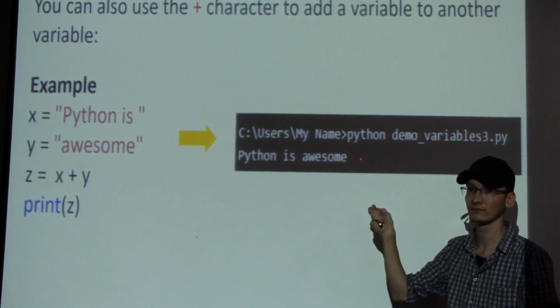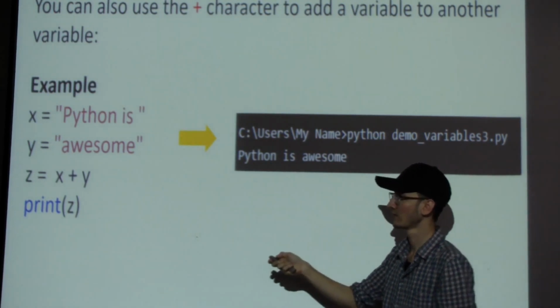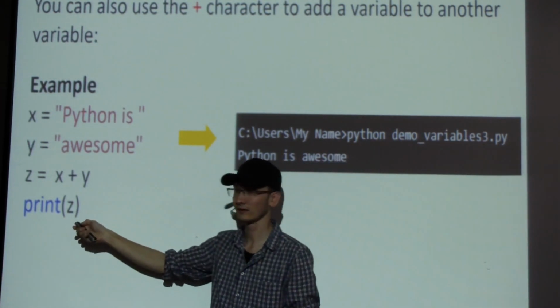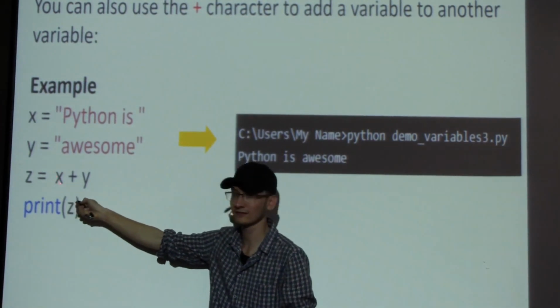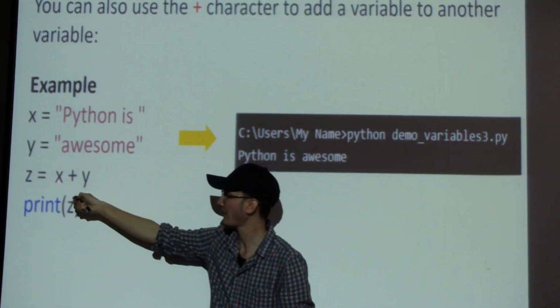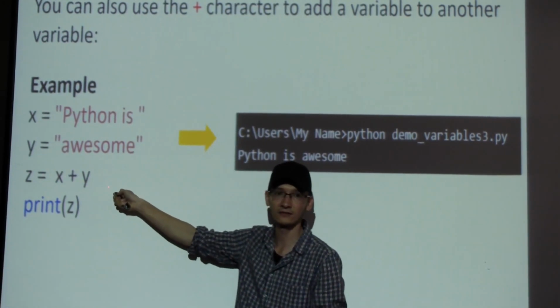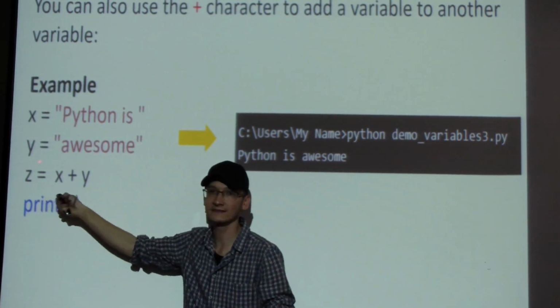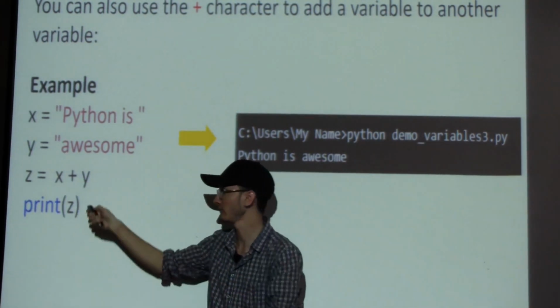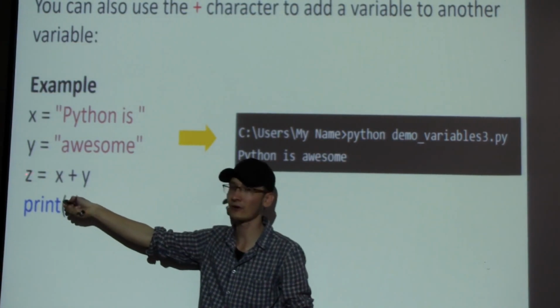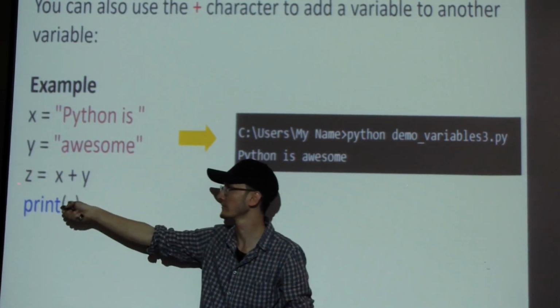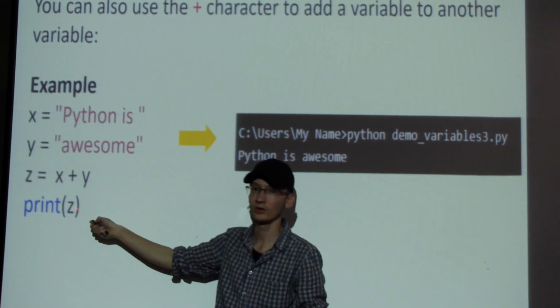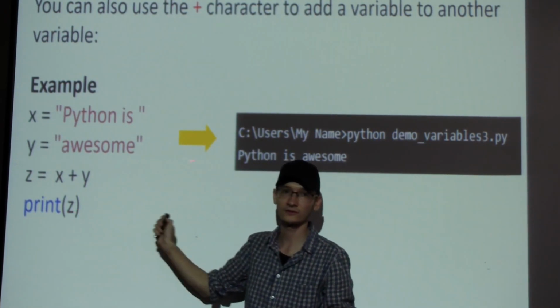Python is awesome. What's happening here? x is Python is, y is awesome, and together Python is awesome. z takes this value. Now our z is Python is awesome. So we are printing with the print command on the screen.